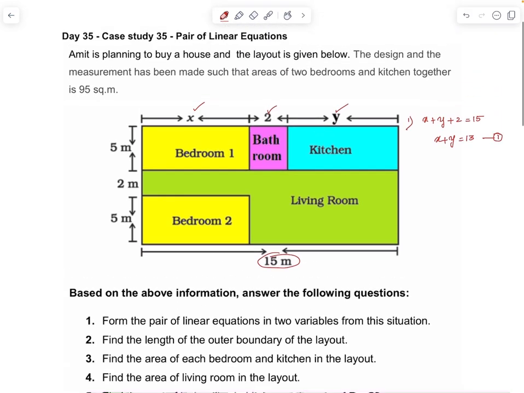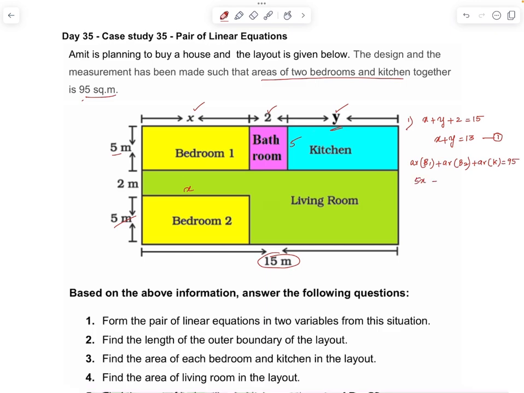Then another statement given in the question is, the areas of two bedrooms and kitchen together is 95 square meter. That is area of bedroom 1 plus area of bedroom 2 plus area of kitchen is 95. The dimensions of bedroom 1 is x and 5. Same way for bedroom 2 it's x and 5, and for kitchen it is 5 and y.